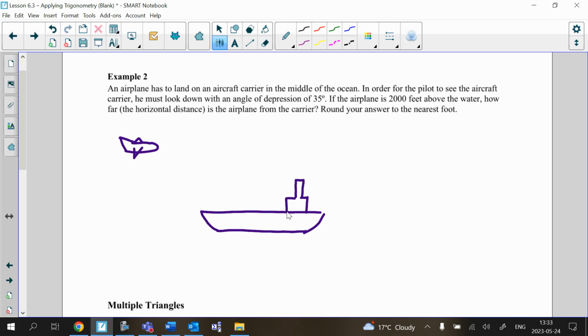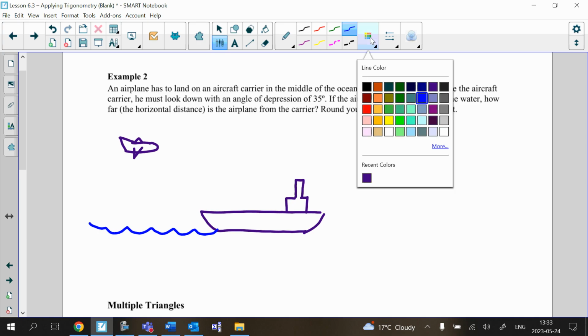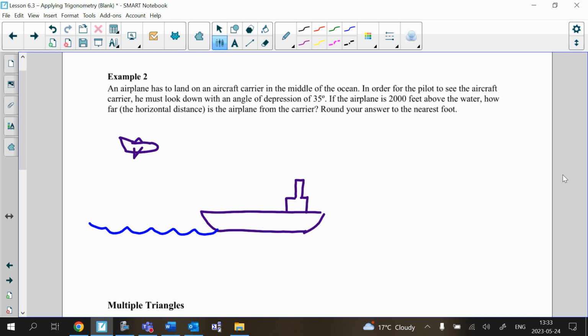And then we've got the water. So the angle of depression from the plane to the carrier is 35 degrees.